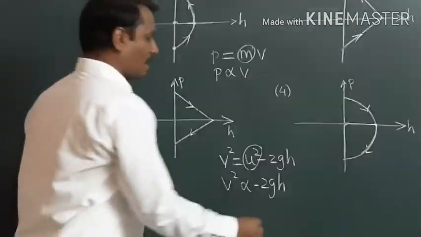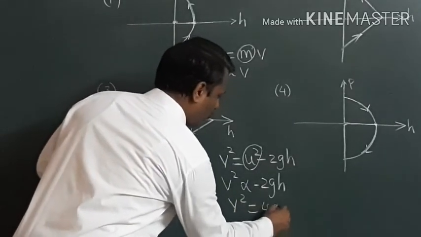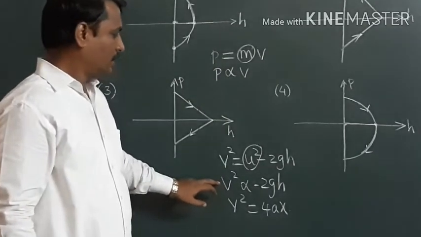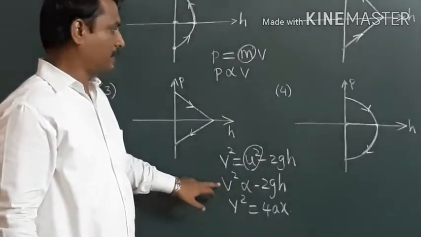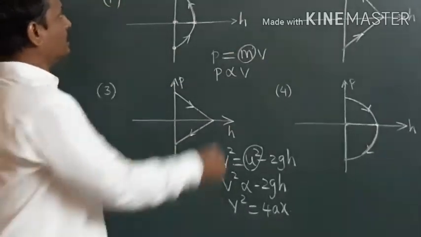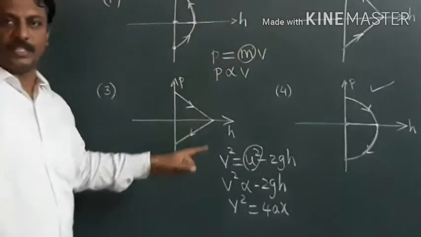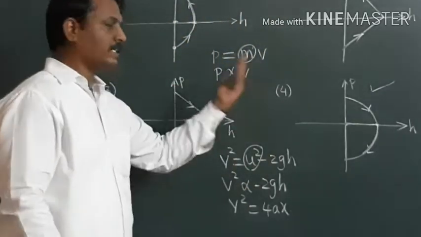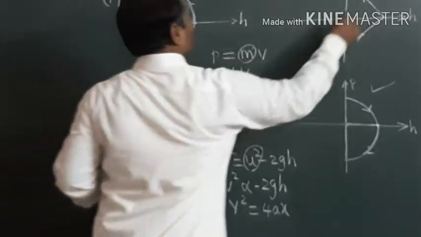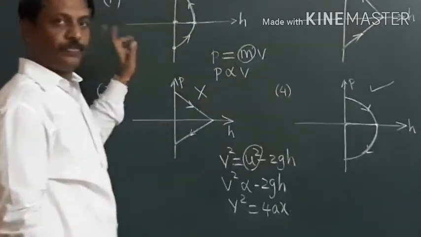You know that the general formula of a parabola is y square is equal to 4ax. So this equation represents a parabola. Out of these four options, these two are parabolas having opposite face, right? Here the negative sign indicates opposite face. So these cannot be the answer. We have to select out of these two.